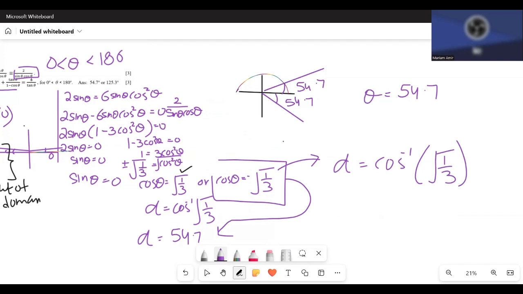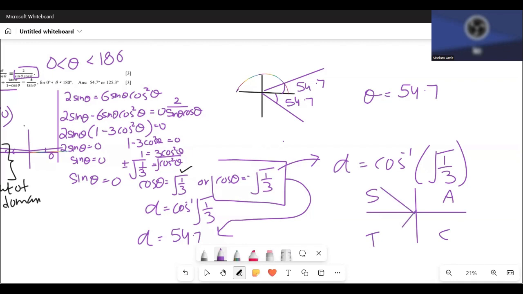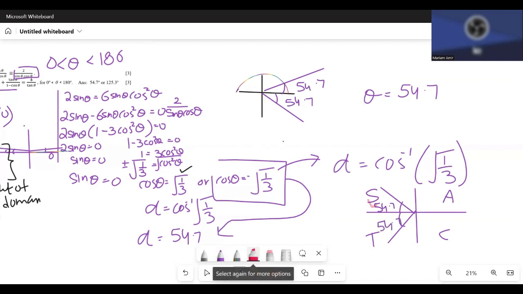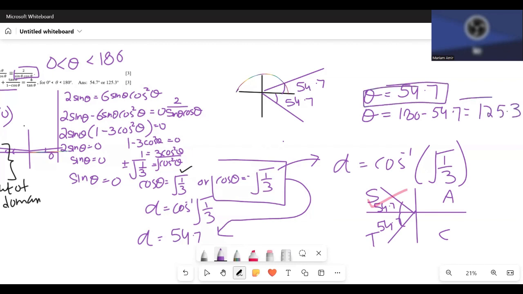That will also give us 54.7, but this will get plotted in the second and third quadrants where cos is negative. So we have 54.7 here and 54.7 here. Only this answer is within the domain. The other one is outside of the domain. So the other answer of theta is going to be 180 minus 54.7, which gives 125.3. These are the only two answers within the given domain.